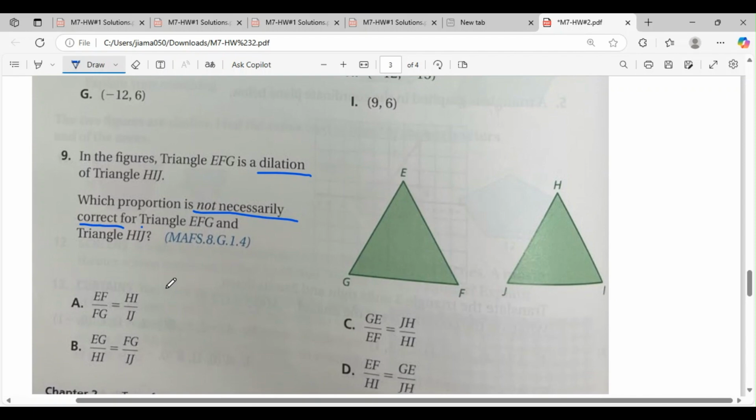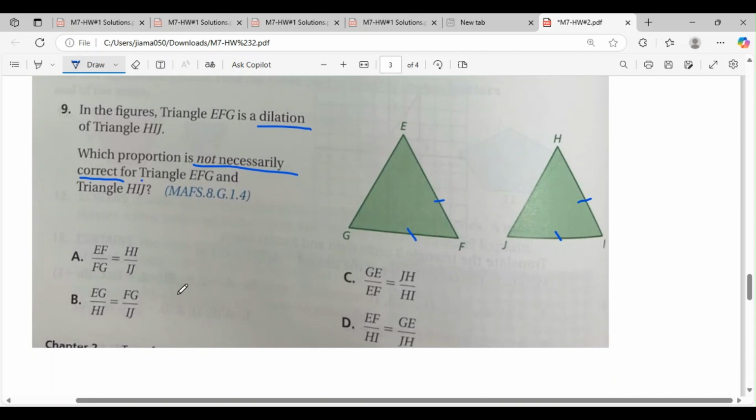Let's check the options one by one. Letter A, EF divided by FG, and HI divided by IJ. We can find that this is correct. This is the correct option.